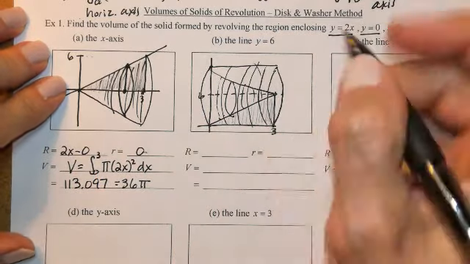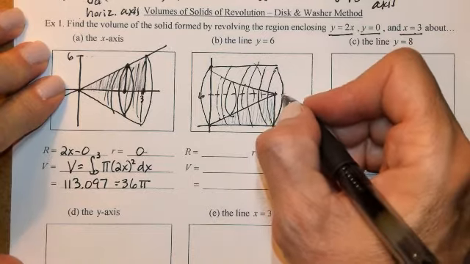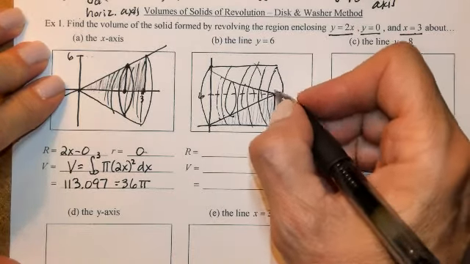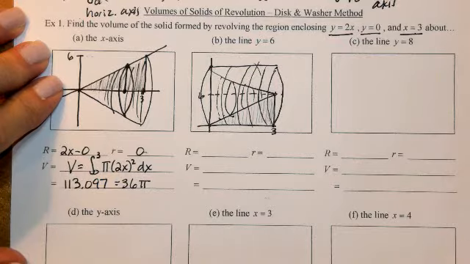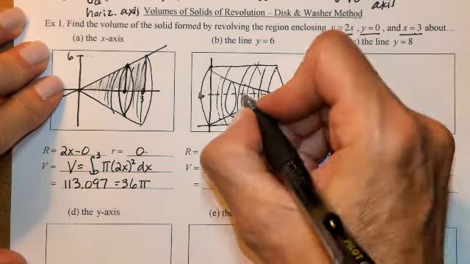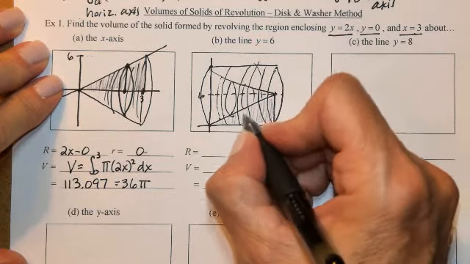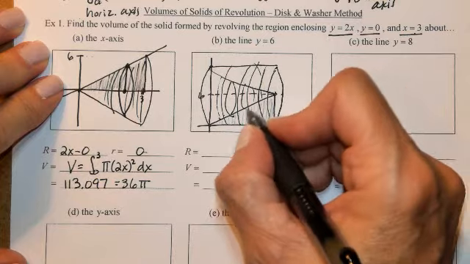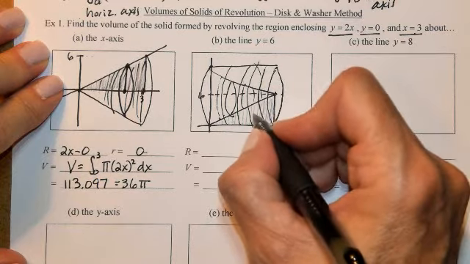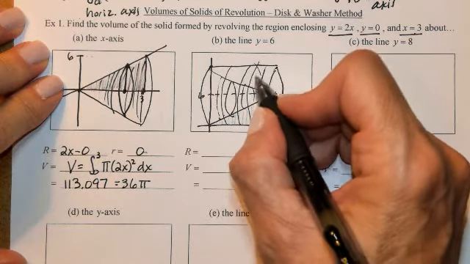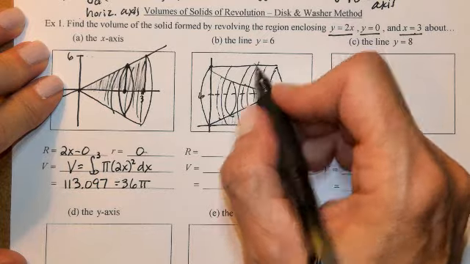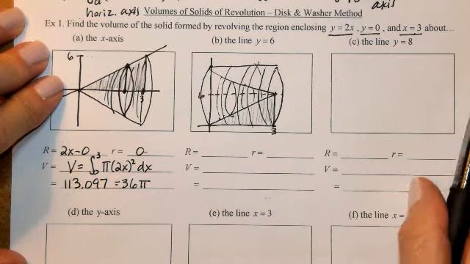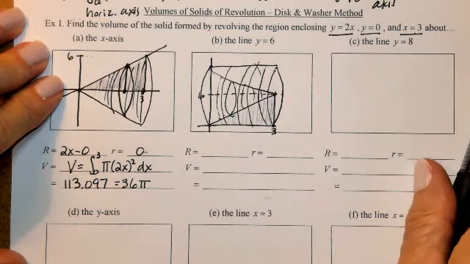So, all right. When you're finding your radius, I want you to always use your given region. Don't try to go up and use the one that you sketched when you revolved it. Always use your given region down here, okay?